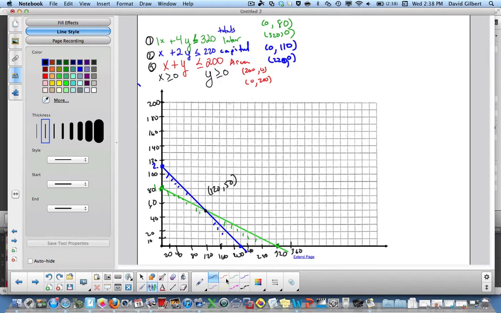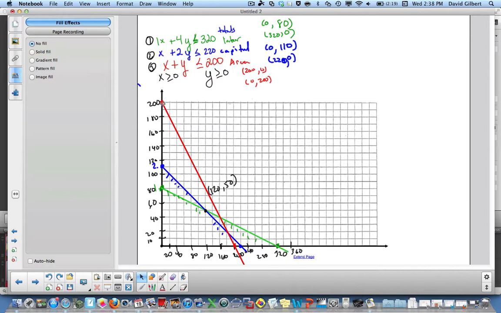Alright, so I got one more. I got 200 here and 200 here. Draw my line. And I can try and be super careful, but I shouldn't really trust myself. If you do find the slope of this line, you know the slope is -1.